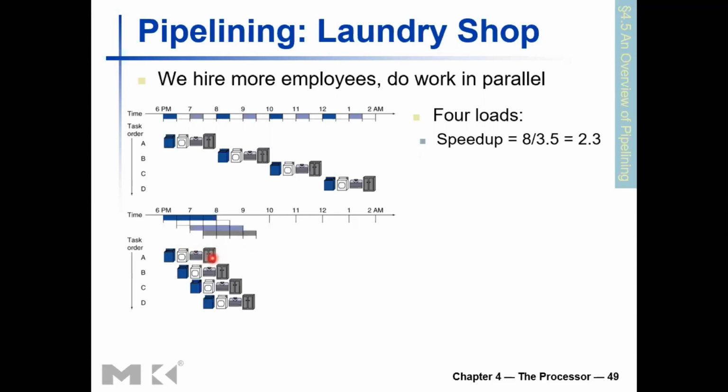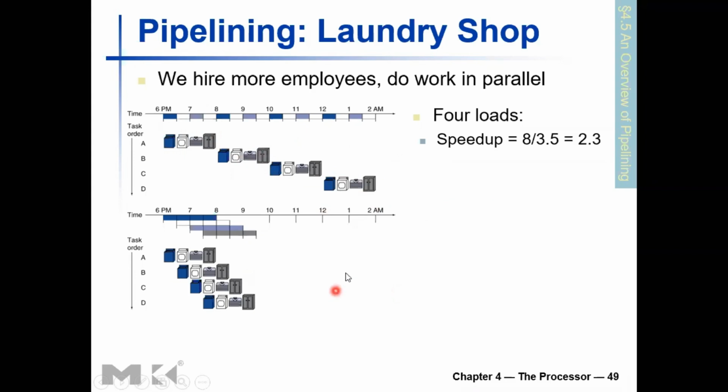But after this point, every half an hour we can finish a laundry load, assuming that we have other laundry loads coming after this, whereas in the single cycle or the non-pipeline version of our laundry shop, we are spending 2 hours per laundry load. Every 2 hours we can finish a laundry load without using the pipelining concept.